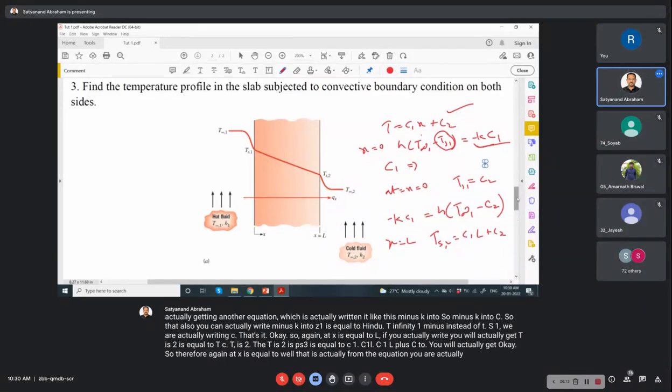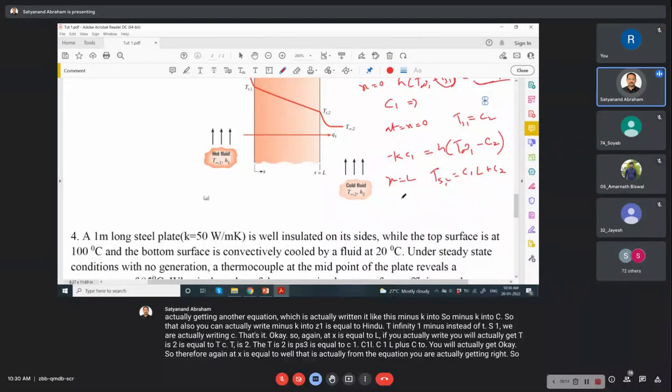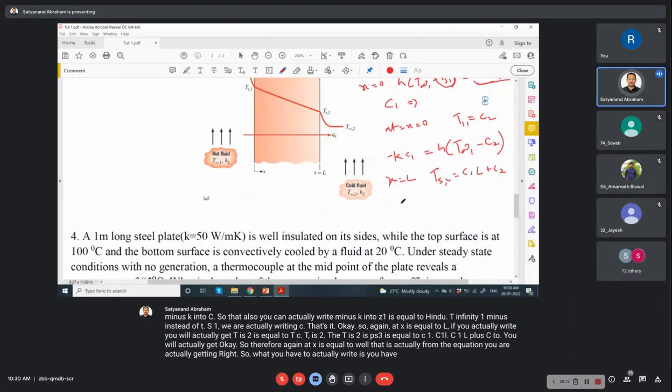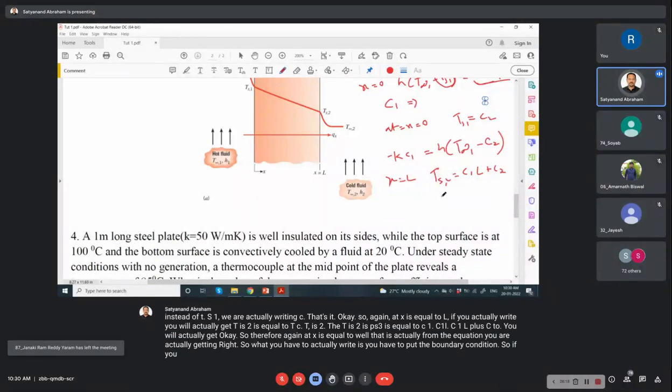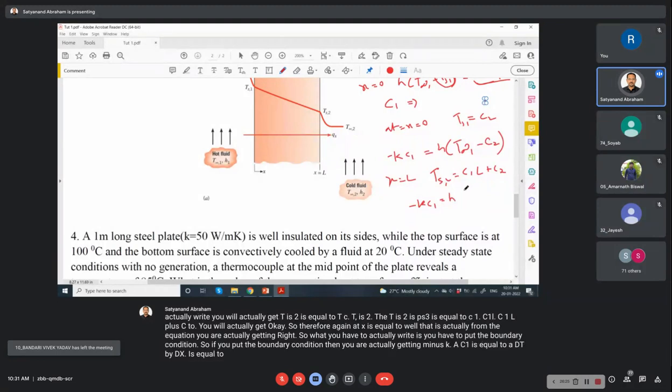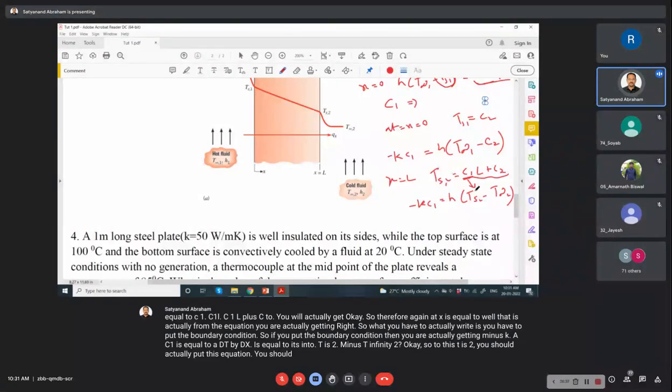Then you put the boundary condition: minus k C1 is equal to dT by dx, is equal to h into (Ts2 minus T infinity 2). To this Ts2, you should put this equation.